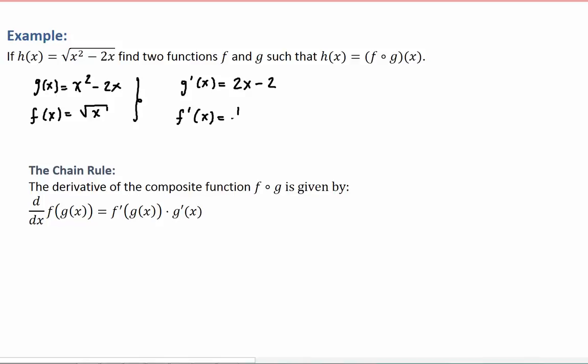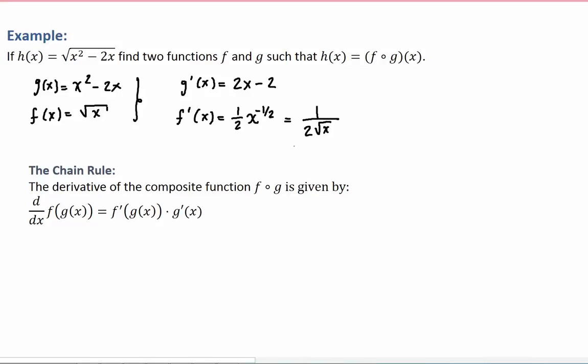So you would lower the 1/2 and multiply times x to the exponent of 1/2 minus 1, which is negative 1/2. Or you can rewrite it as 1 over 2 square root of x. And this is a very common function, so it's good to remember that derivative.